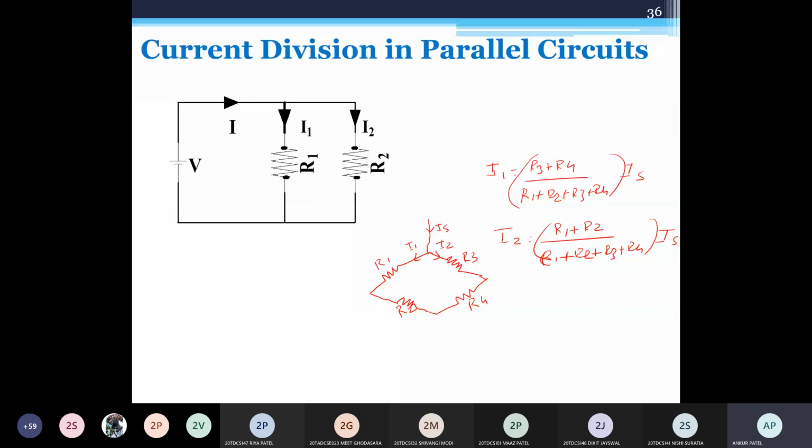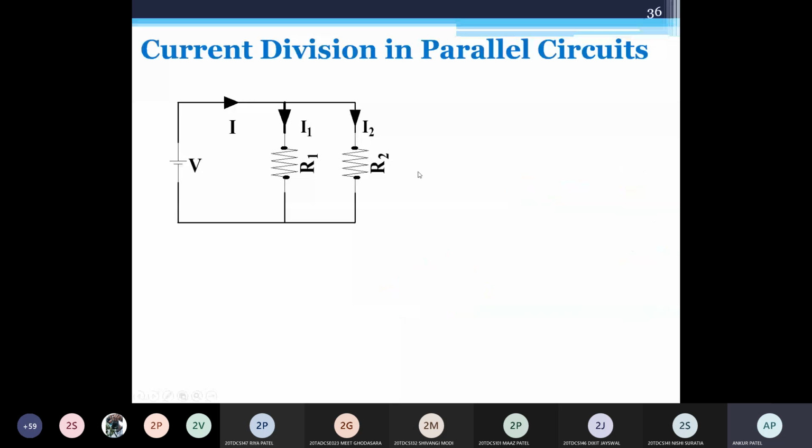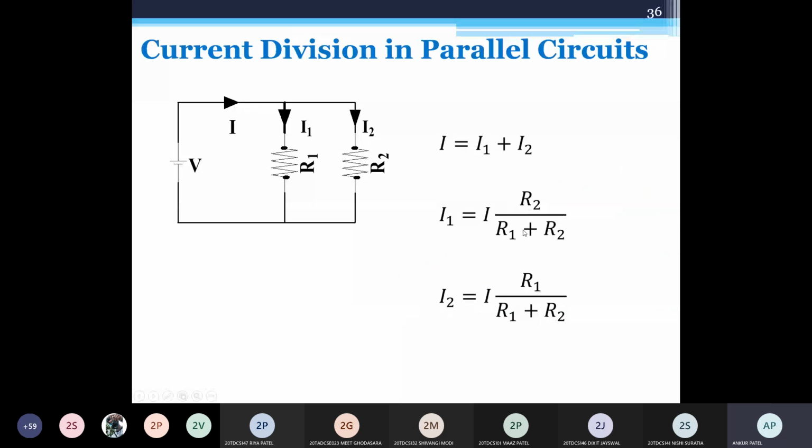You can apply any equations by knowing the relations. You can find current according to Ohm's law, or by KCL, IS is equal to I1 plus I2. By knowing the other parameters, you can also apply the current divider rule for finding currents in parallel connections. So this is I1 and I2 for this circuit.